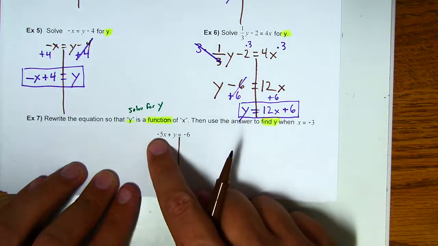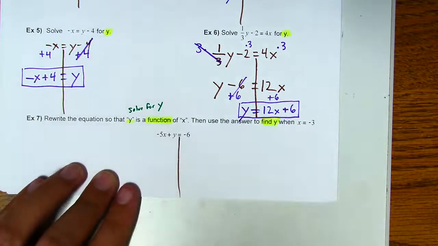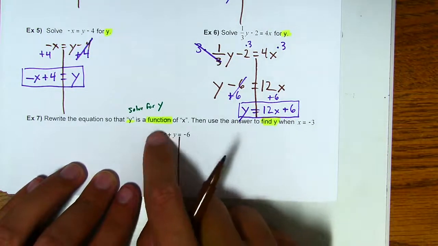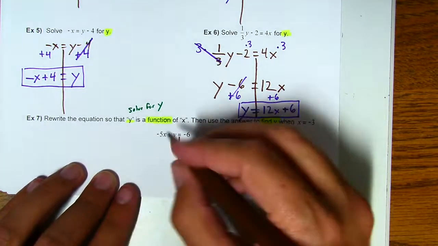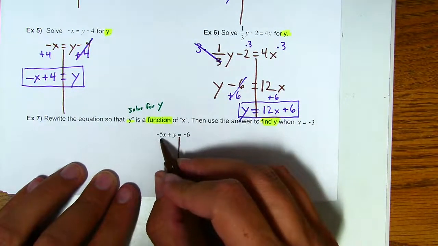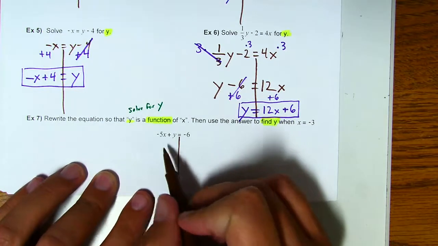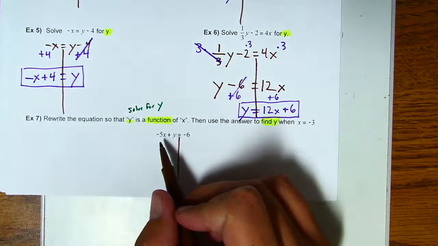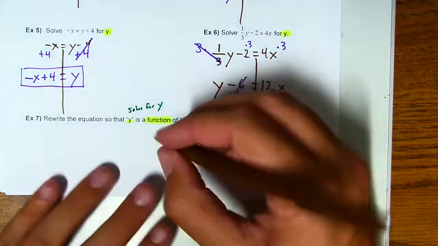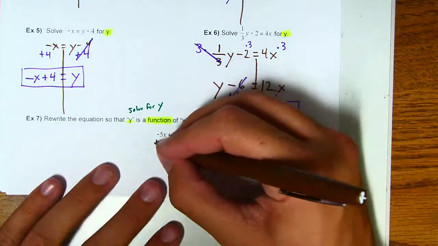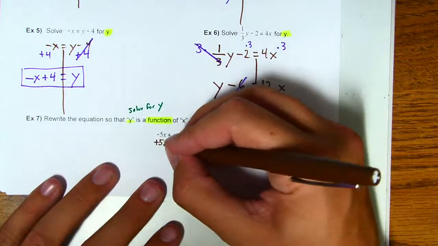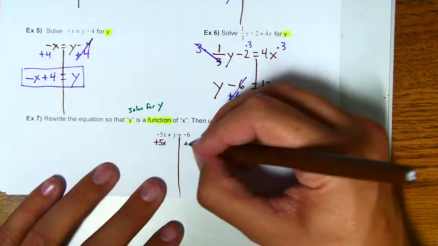I have a negative 5x being added to y. I need to move this to get my y alone. To do that, I do the opposite. Opposite of negative 5x, or opposite of subtraction, is going to be addition or positive. So I'm going to add 5x to both sides.